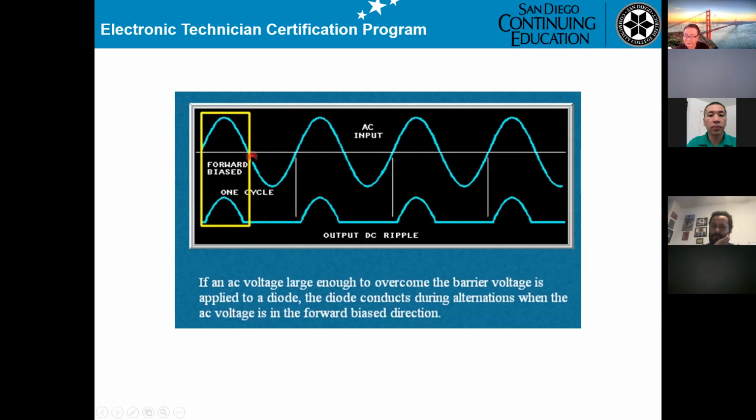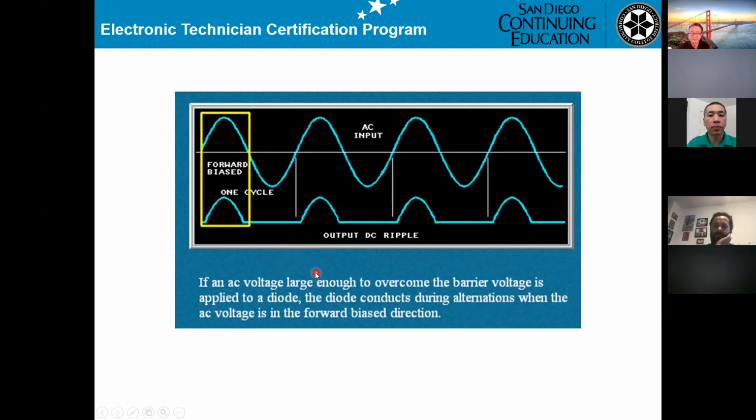However, when the input is negative, the diode will be off and the output will be zero. And it keeps doing the same thing. This output is called half-wave rectified.